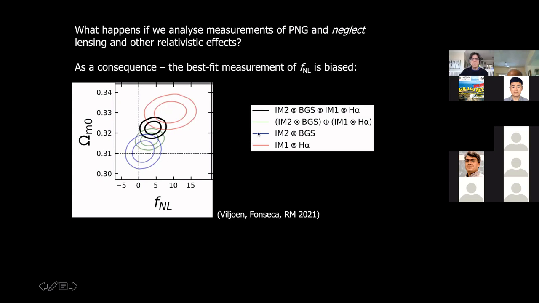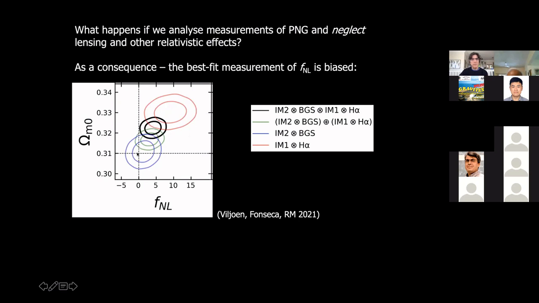But as soon as we include the high redshift survey combinations, you can see that we're going progressively further away, and then the full multi-tracer combination pulls us back a little bit here.